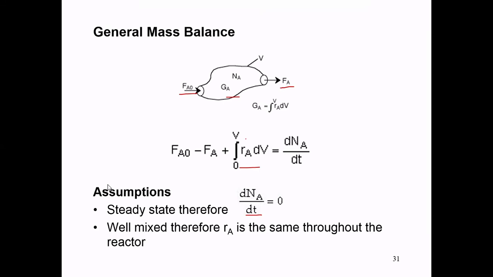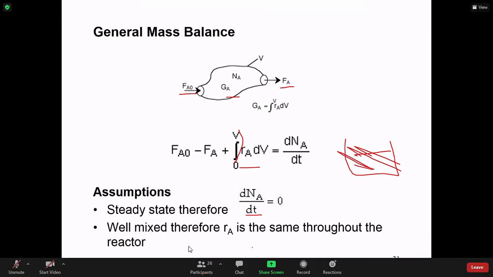So we can just ignore this because the dimension is similar, because they are well mixed. So everywhere in this reactor is homogeneous, so the rate is the same throughout the reactor.